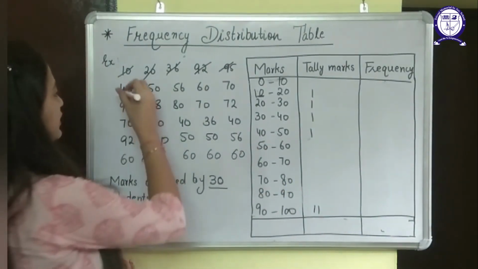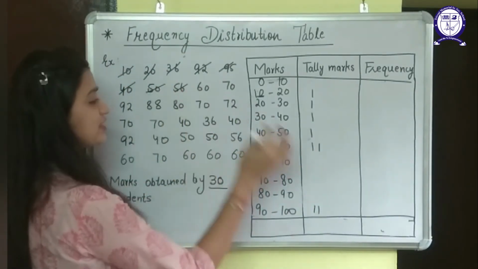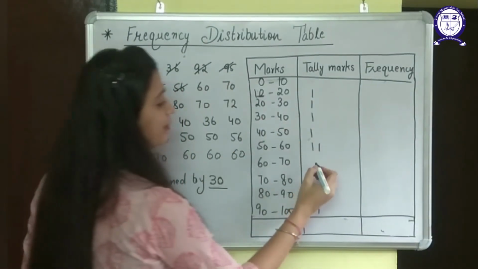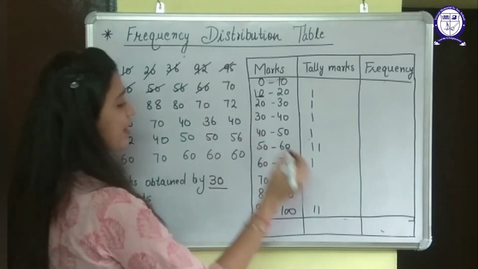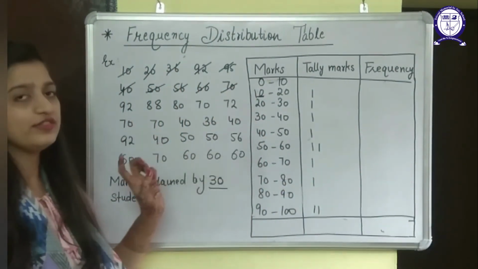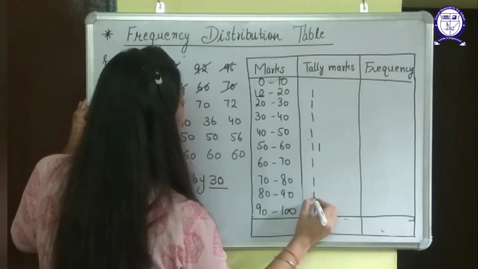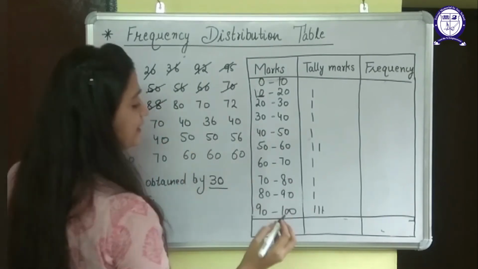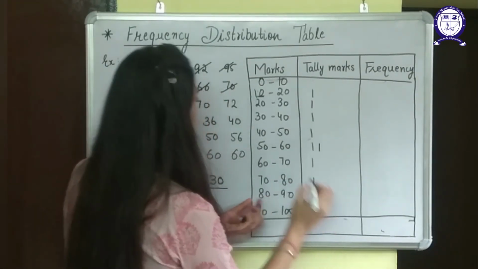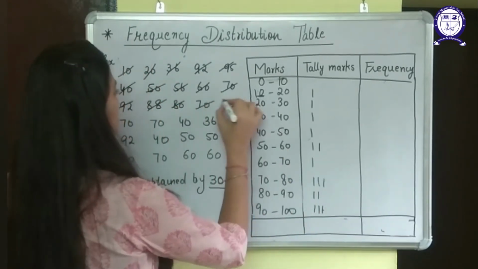Then 50 will be here. Then 56 again here. Then 60 will be here. Then 70. So I am going to do all of them in the same way. 92, 88, 80 will also be here. 70, 72 will also be here.